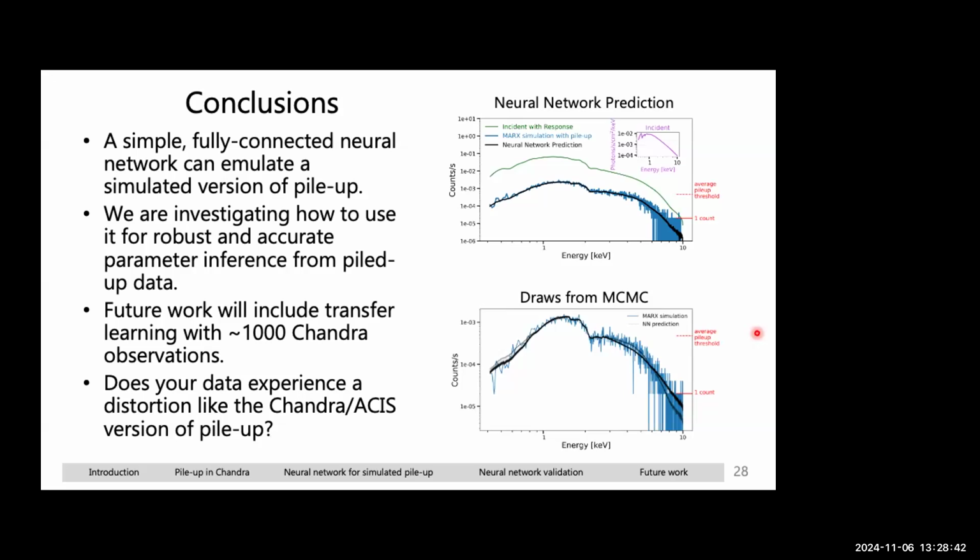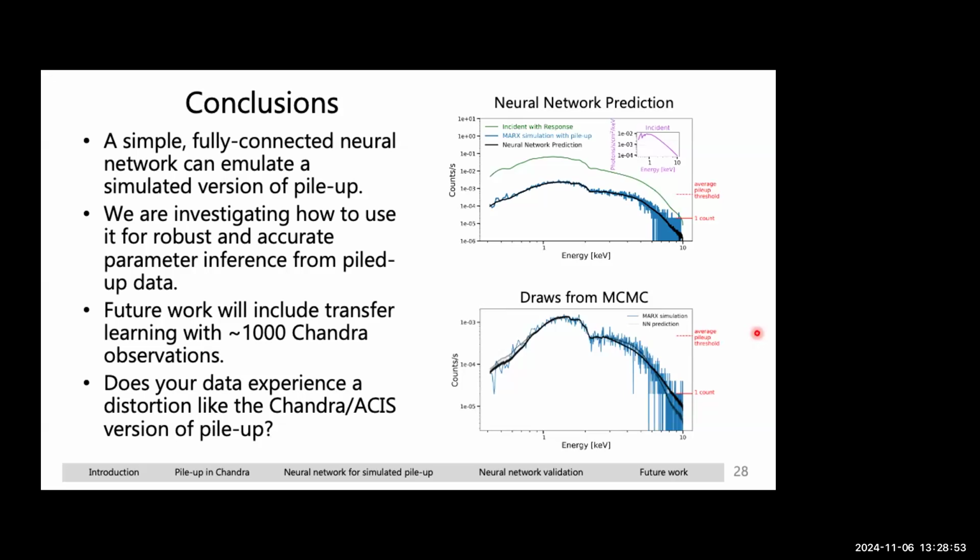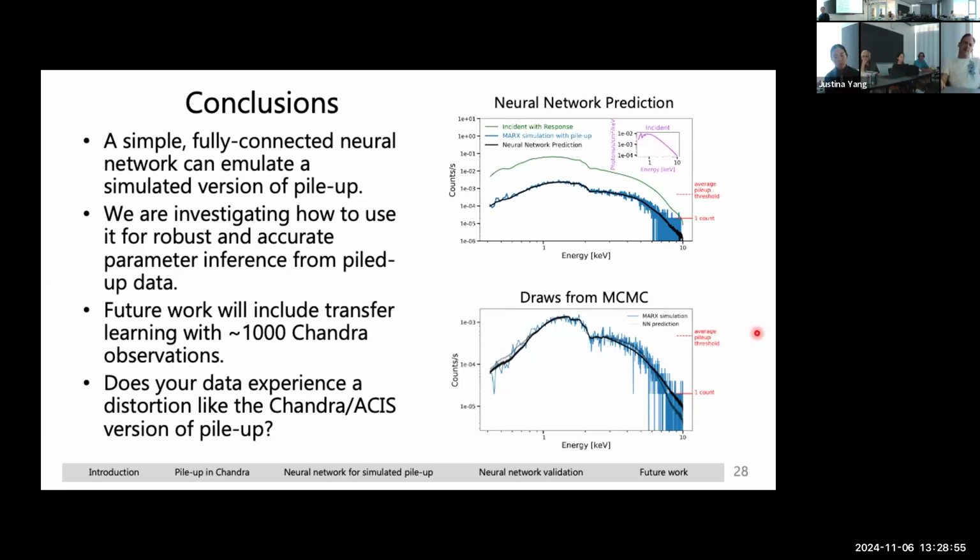But then I'm not any better than this training data, because you still rely on the models to be correct when you generate them. Yeah, it sounded like what Herman was saying about picking a particular source would be a check on whether the trained neural net is able to map from unpiled to piled spectrum. Is that correct? Is that what you were thinking?